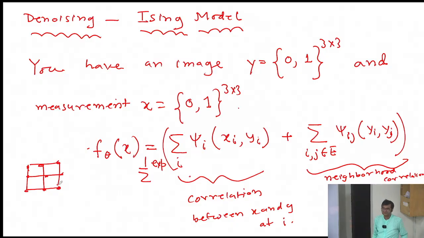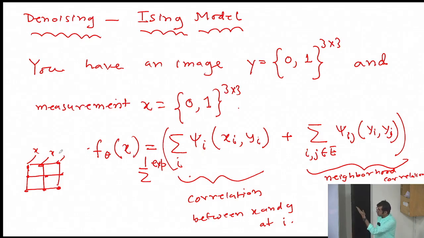These are the edges. Let's say these are y, and then you can have x: x1, x2, x3, x4, x5, x6, x7, x8, x9. And this gives you the connection. Okay. So this is the Ising model.